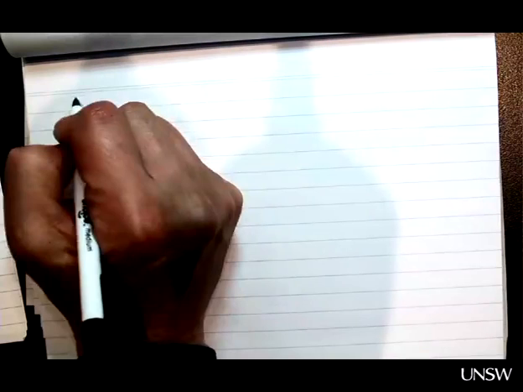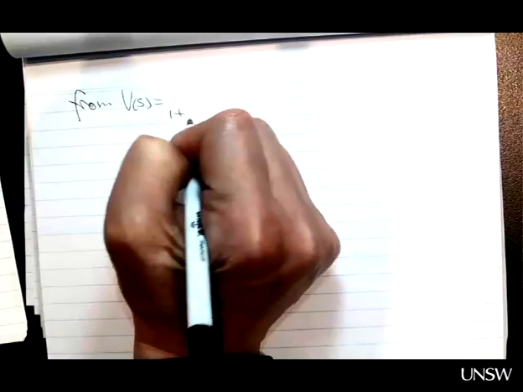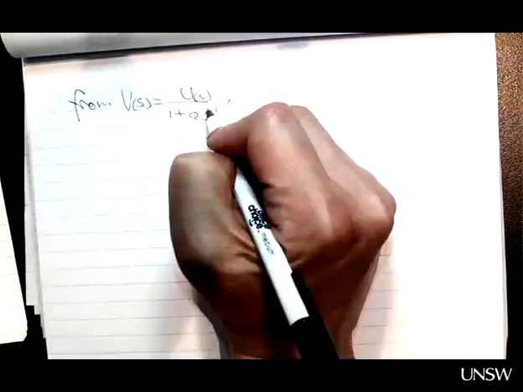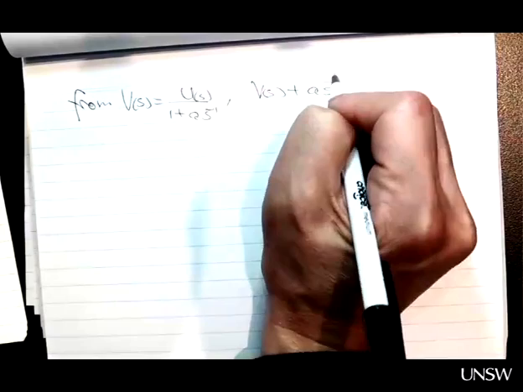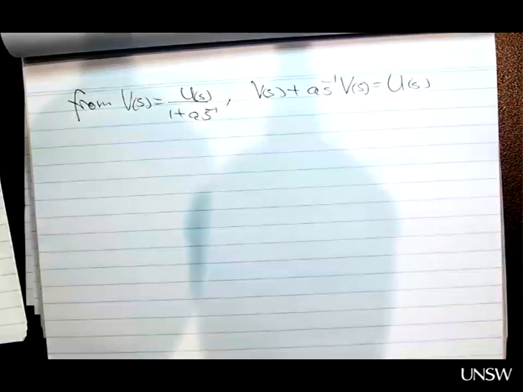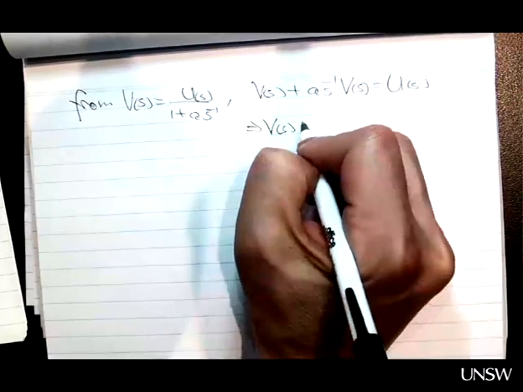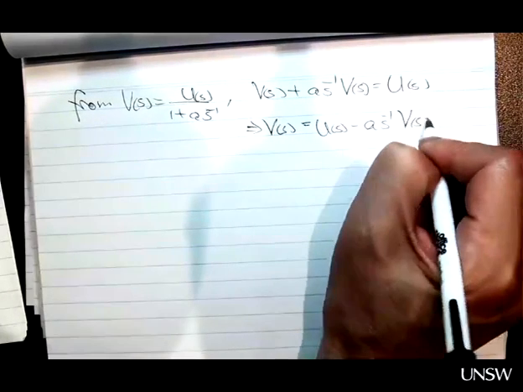So from the definition, V of s plus a s to the minus 1 V of s equals U of s. Then V of s equals U of s minus a s to the minus 1 V of s.